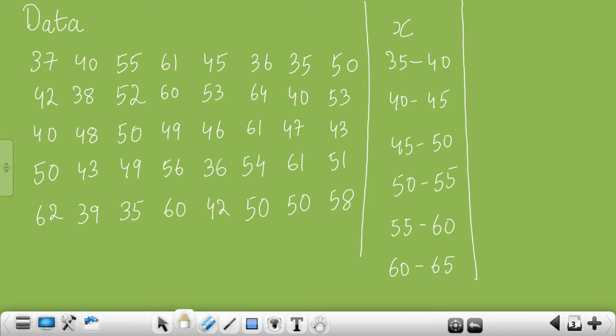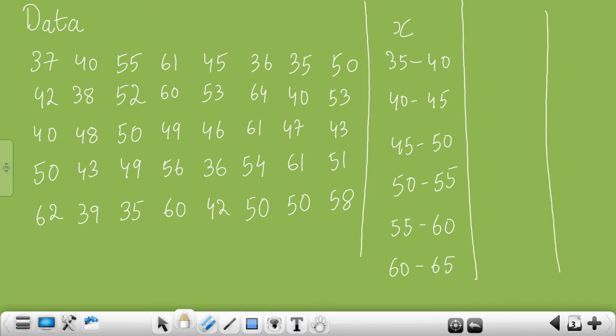I hope you have understood so far the facts about data. We have understood what data is, what a class interval is, the distance between the classes, what exactly a tally mark is, and also what your frequency is.